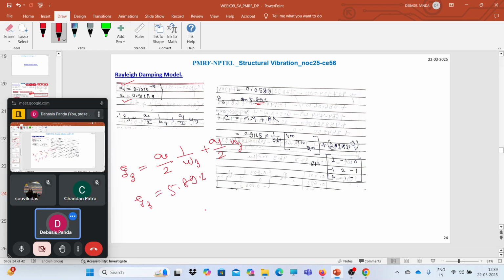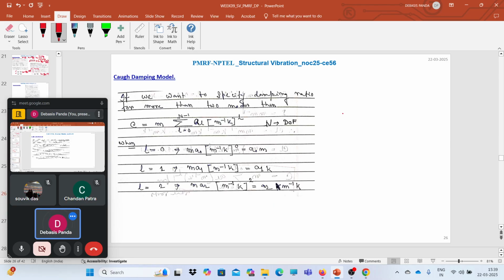Once the zeta is available, you can formulate the model: C equals alpha M plus beta K, or a naught M plus a1 K, and you can construct the matrix. If you can find the damping ratio, you can easily construct the matrix.